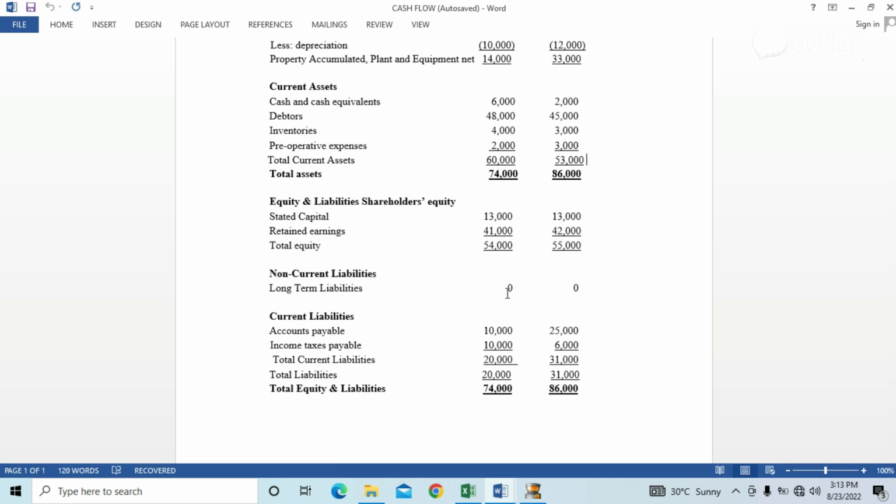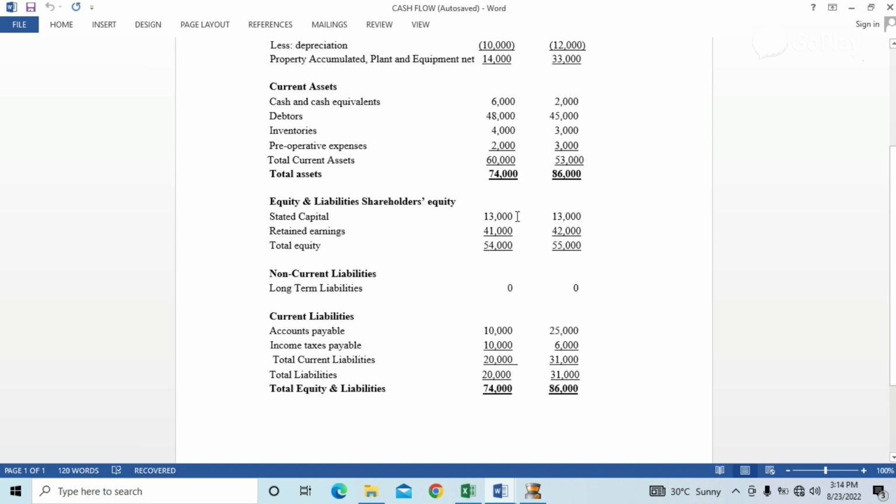Has the firm paid dividend? How will we know whether they have paid dividend or not? We will have to analyze the net profit and also compare it with our retained earnings. So let's look at our capital. The capital, no additional capital. So it is 13,000.